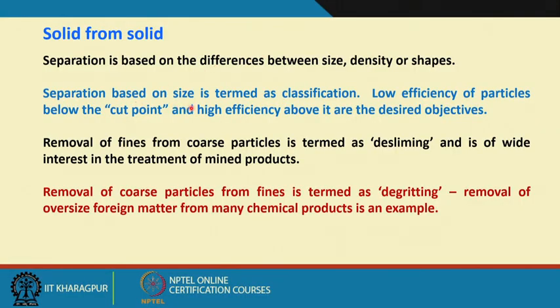Separation based on size is termed as classification, that is your centrifugal classification. Low efficiency of particles below the cut point and high efficiency above it are the desired objectives. That is what I want in simpler terms, that your hydrocyclone should give me a size-based separation that a screen would have given me, or what an ideal size separation device would have given me.